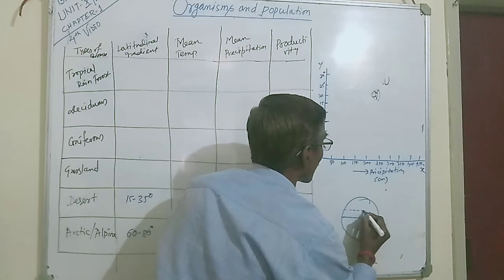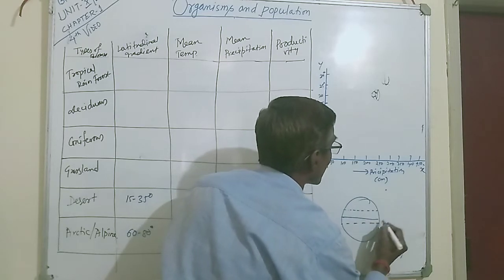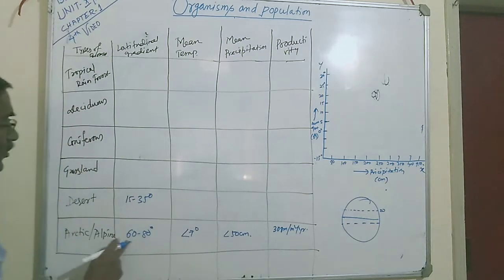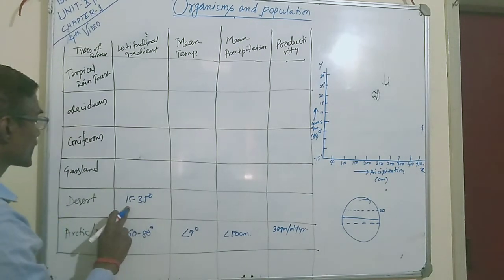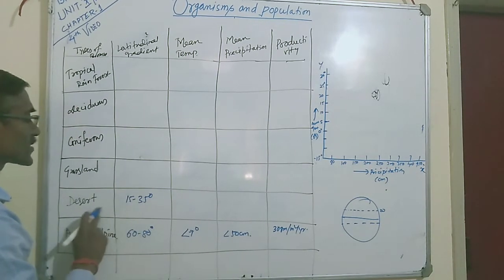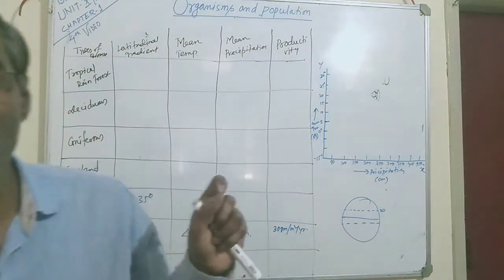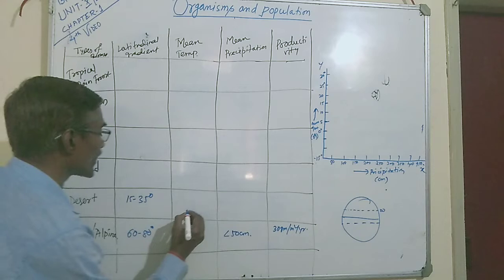So this is 20 degree, so 15 to 35 degree tilting. That's the position of latitudinal gradients where desert is present. Whereas, whenever we talk about the mean temperature, it is less than 22 degrees centigrade.